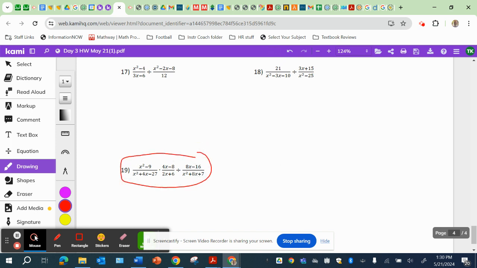This one right here, you're going to go left to right. So this is going to be flipped. But while you're writing it, you might as well just factor everything.